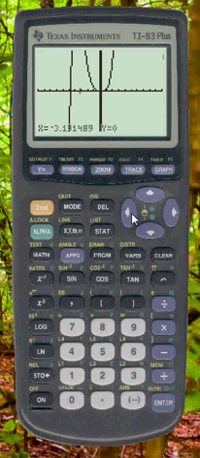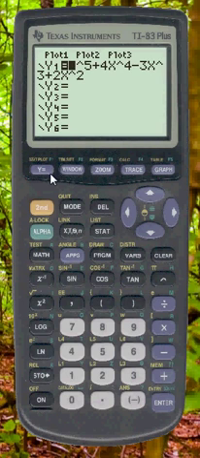And then down here at X equals negative 4 point something, then Y equals 0. There you have it. So I'm going to hit clear on this one. Clear again, go back here and clear this out. Those are just some things that you could do.